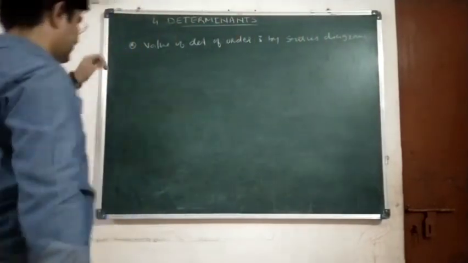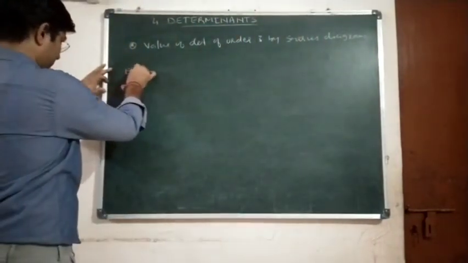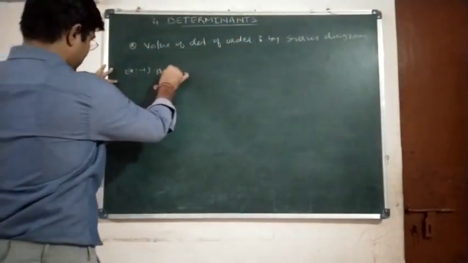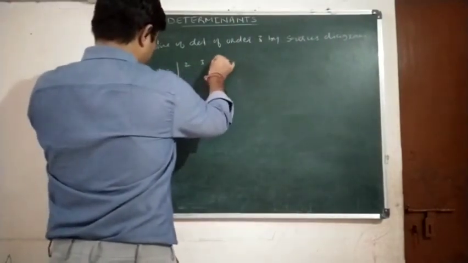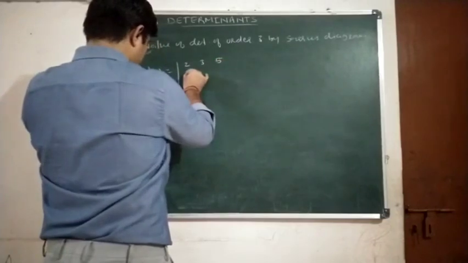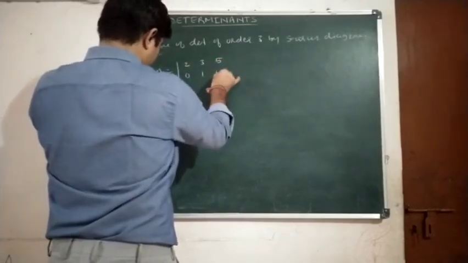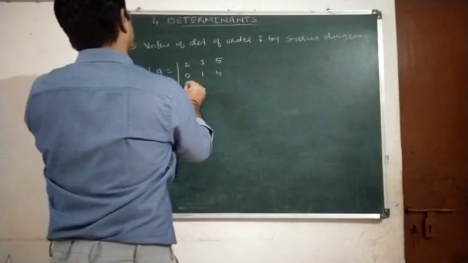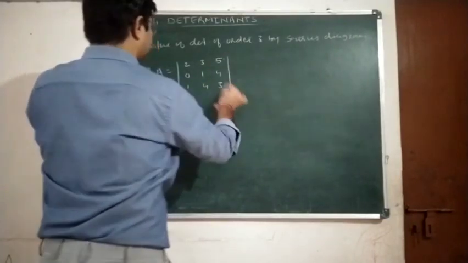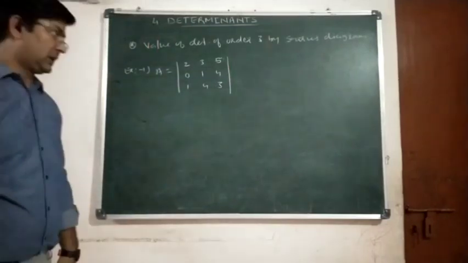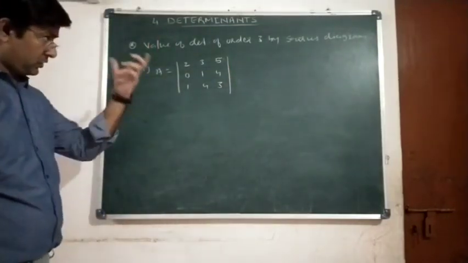For this we will consider one example. Let us take one determinant A. We are having values 2, 3, 5, 0, 1, 4 and 1, 4, 3. Clear?